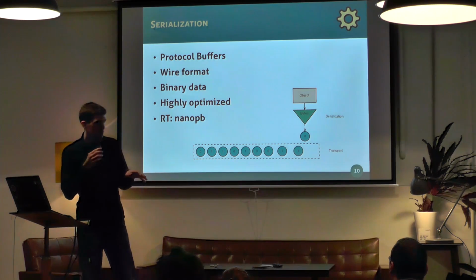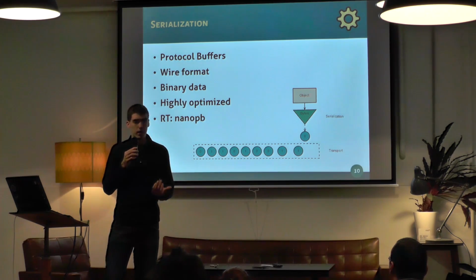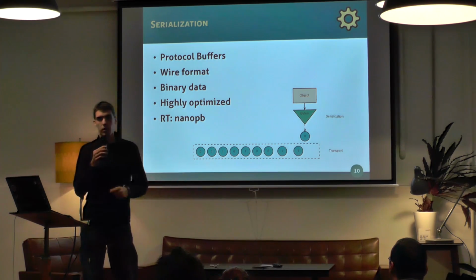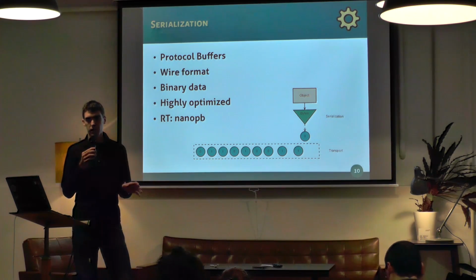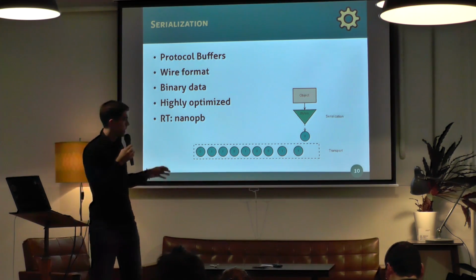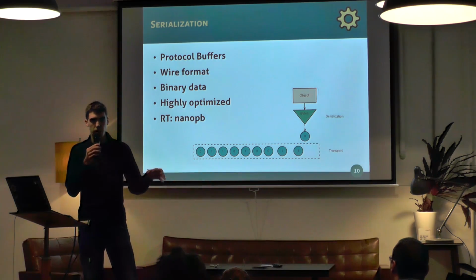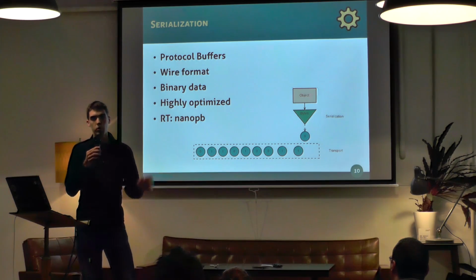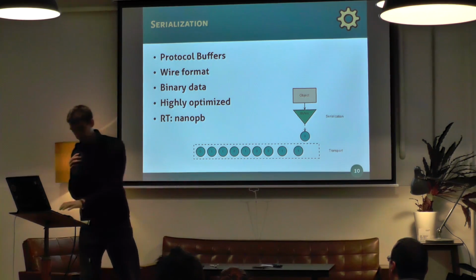The main advantage of using protobuf is that there is an implementation available called Nanopb, which is optimized for small embedded applications or even for real-time environments. So we can communicate from a non-real-time environment to the real-time environment without any proxy or something in between.